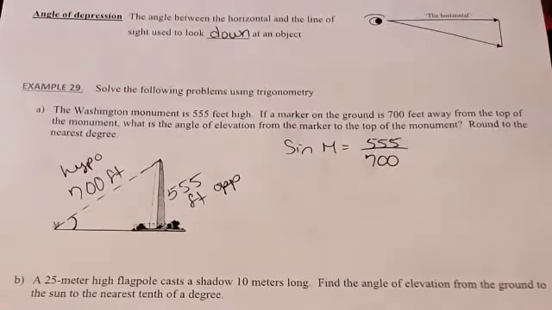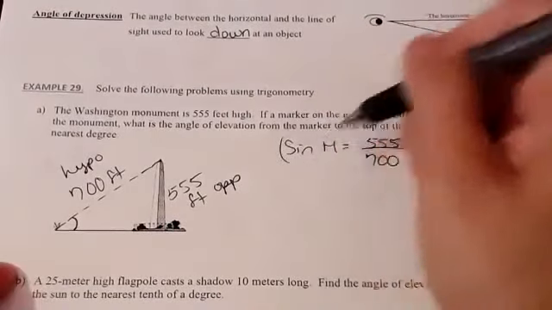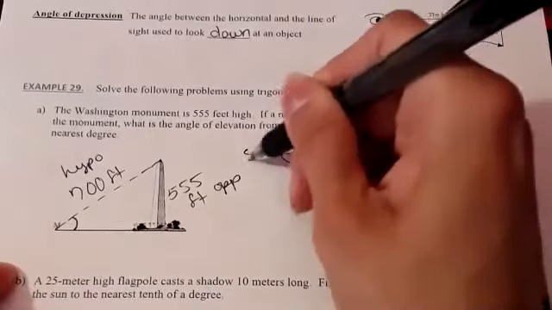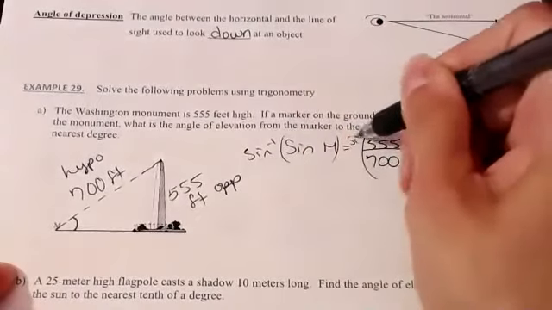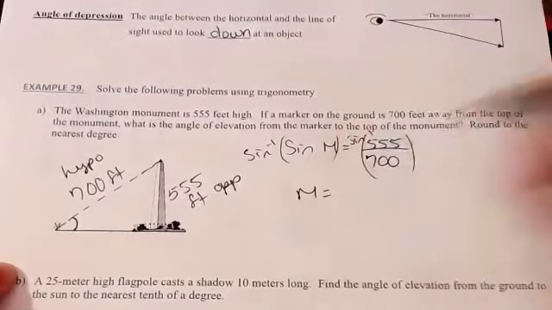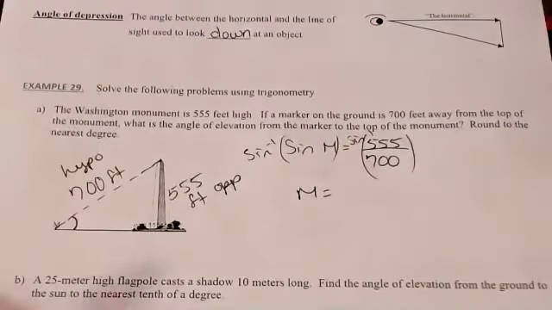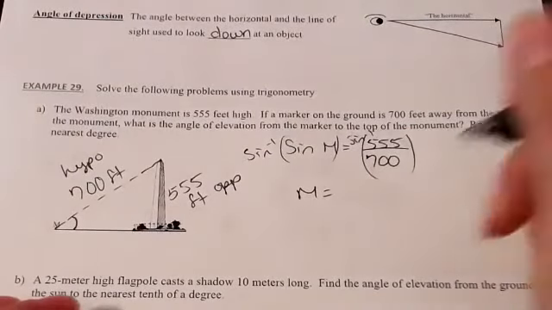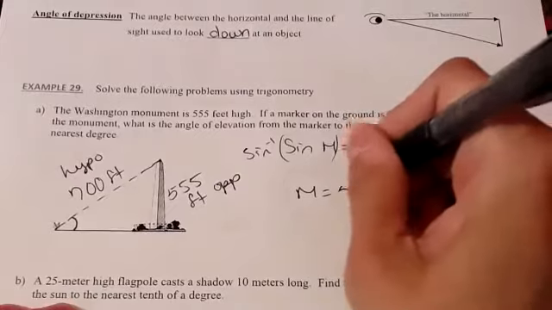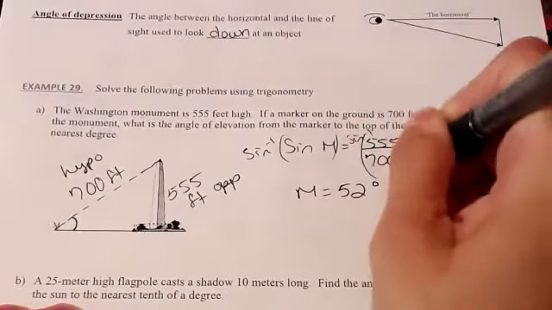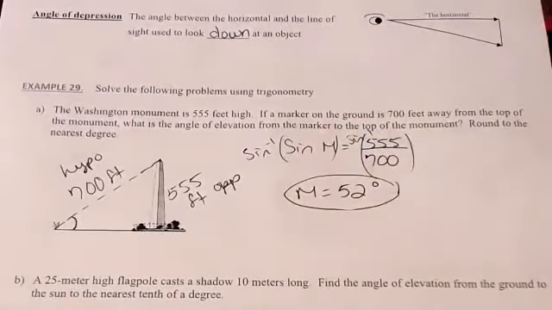To solve for that angle, we take the sine inverse of both sides. M is equal to sine inverse of 555 divided by 700. The angle of elevation, rounded to the nearest degree, is 52 degrees. And that's your answer.